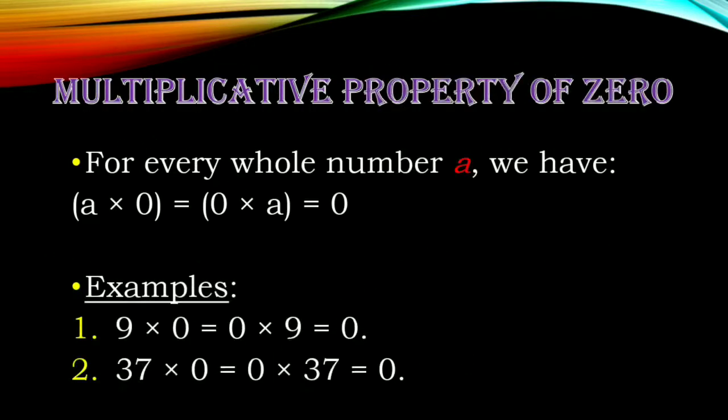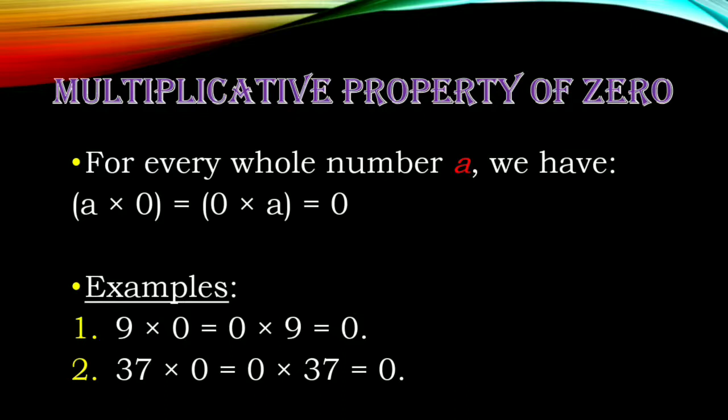Next is multiplicative property of 0. For every whole number a, we have a multiplied by 0 is equal to 0 multiplied by a is equal to 0. Now let us take a few examples.